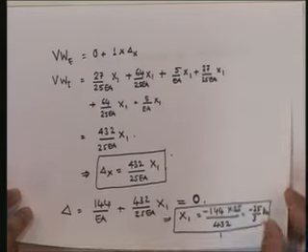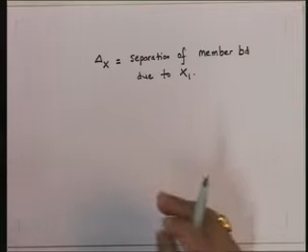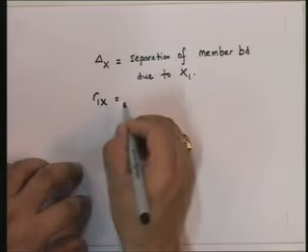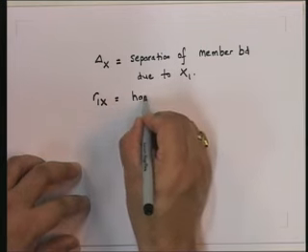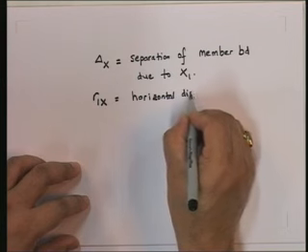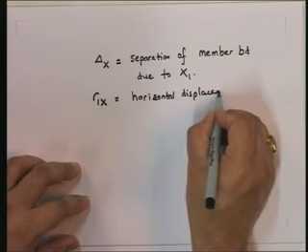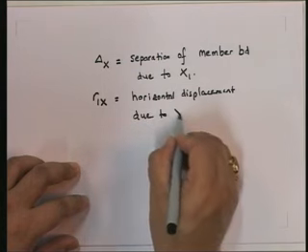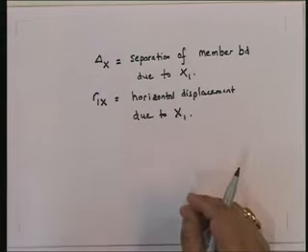Okay, so there is another aspect that I need to consider, and that is R1 due to x. That is the horizontal displacement due to x1. How do I find that out?